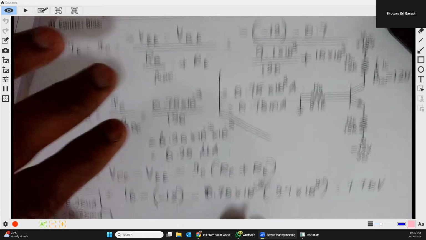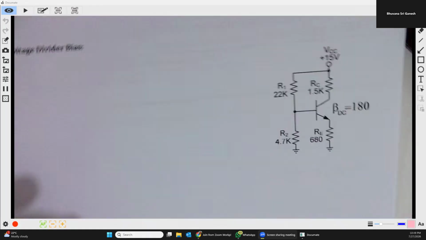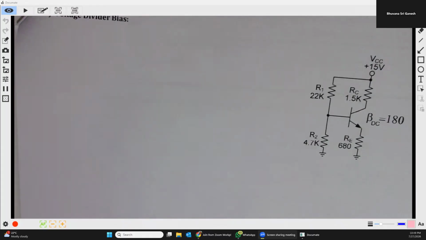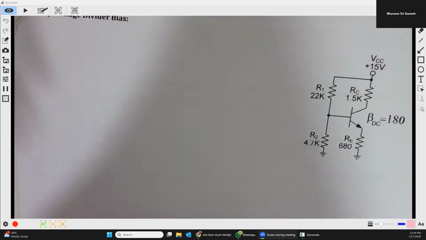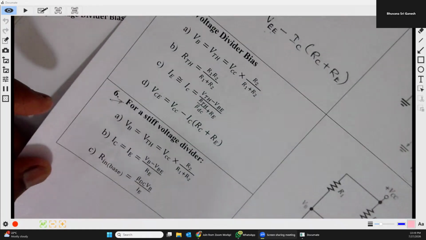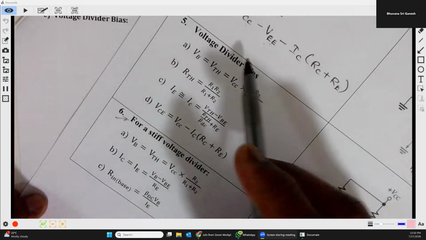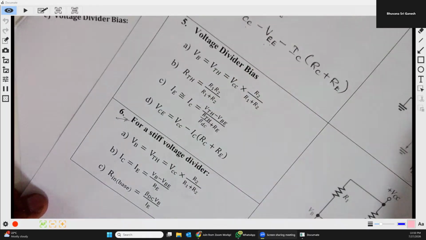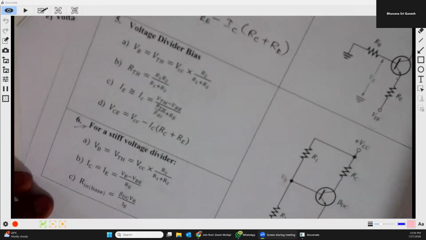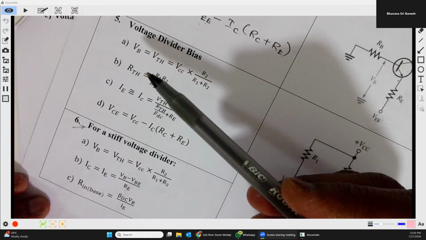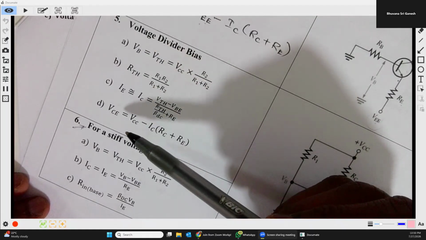Next problem is about the voltage divider rule. Again go to the formula sheet. If the problem says that your voltage divider is stiff, use these formulas, and for a regular voltage divider you can use this one. First, we need to find IC, IB and VCE.